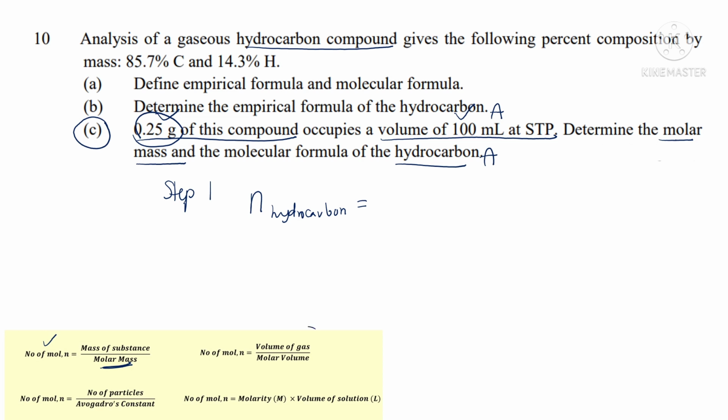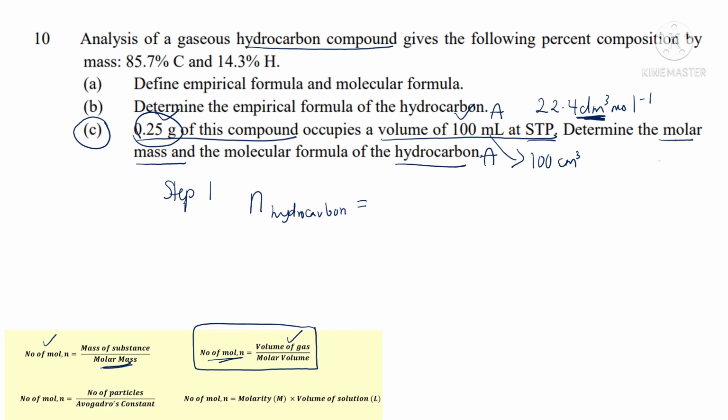In other words, we need to use another formula: number of moles equals volume of gas divided by molar volume to find the number of moles of hydrocarbon. And we know that the molar volume at STP is 22.4 dm³ per mole. In order to use this formula, the volume of gas must be consistent with the molar volume unit. So we must know that 100 ml is equivalent to 100 cm³.